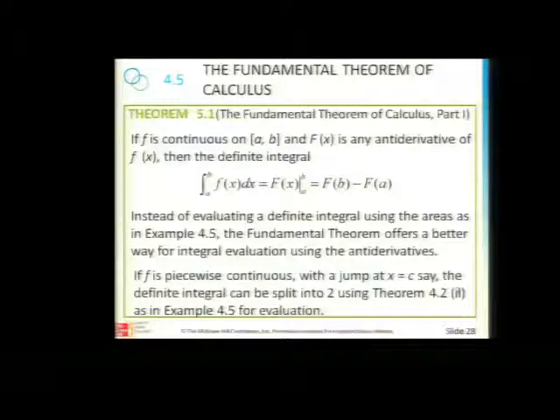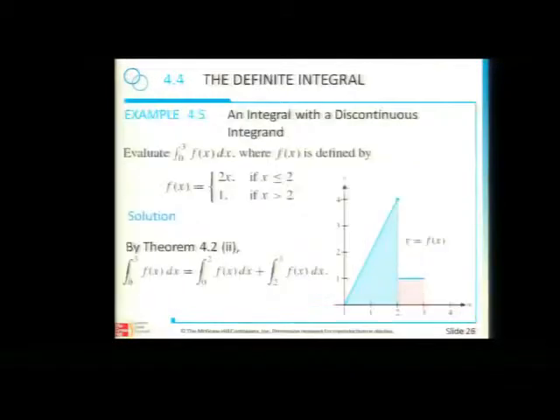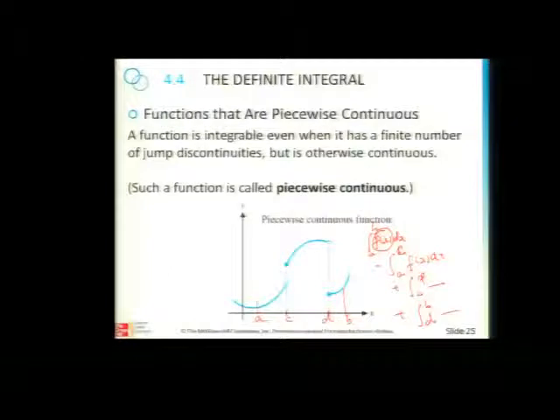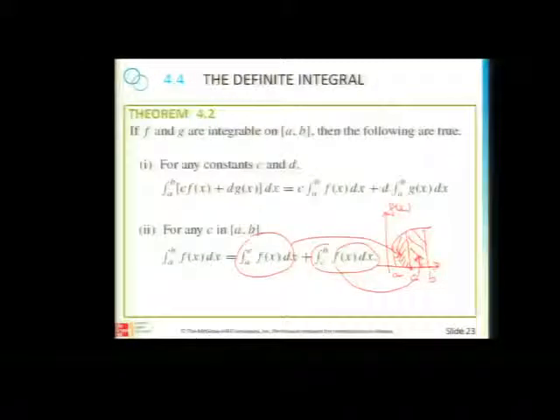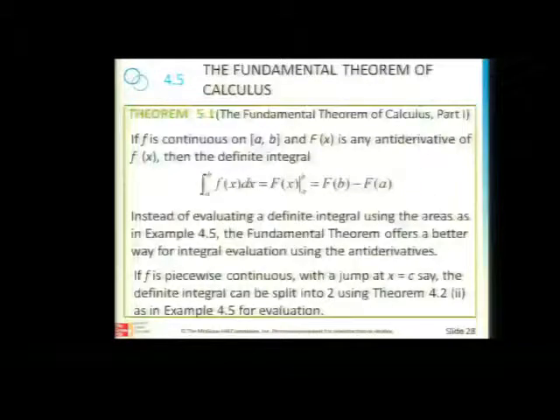So let's say we have a piecewise continuous function, then we can use this theorem to split the integral into a number of integrals on which the integrand is always continuous within each subinterval. Then we can still apply this fundamental theorem of calculus to evaluate each of the integrals, can't we?